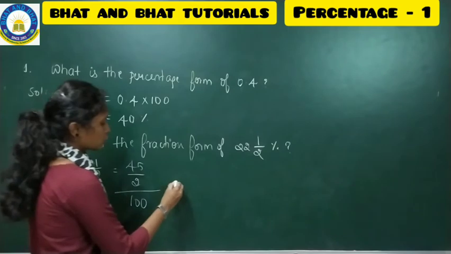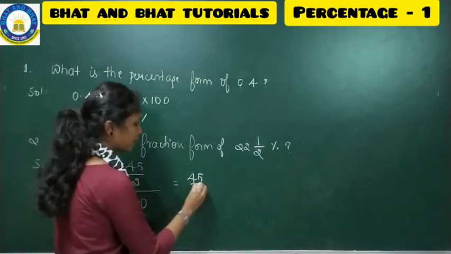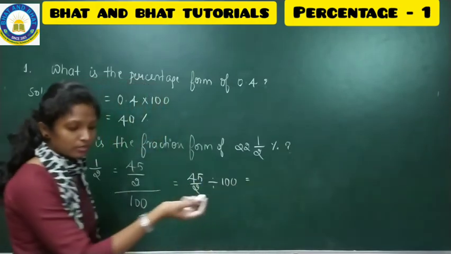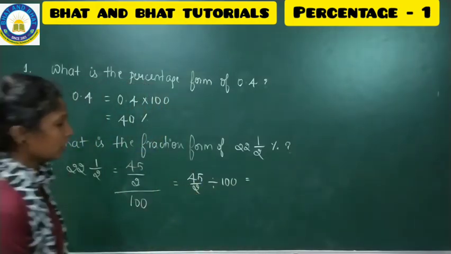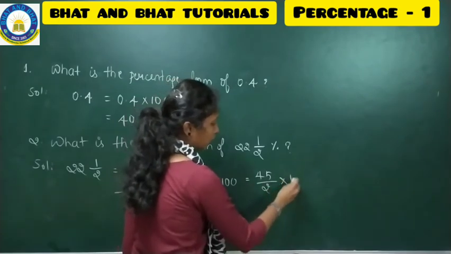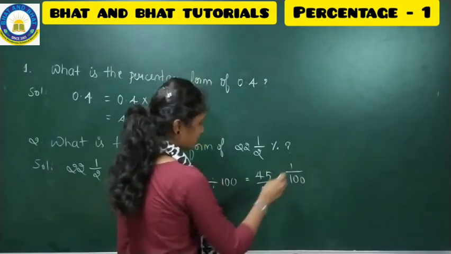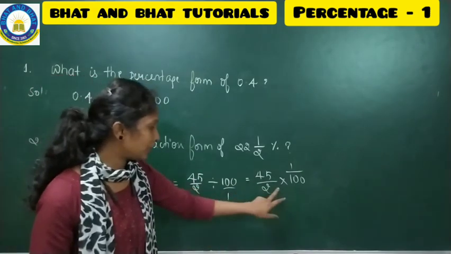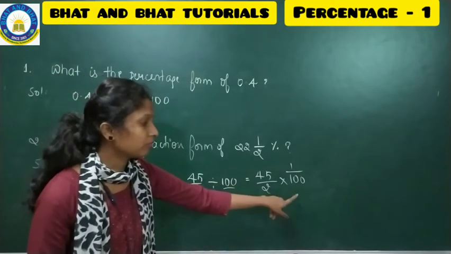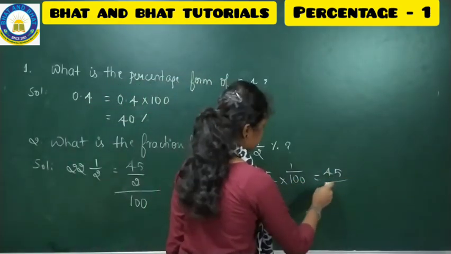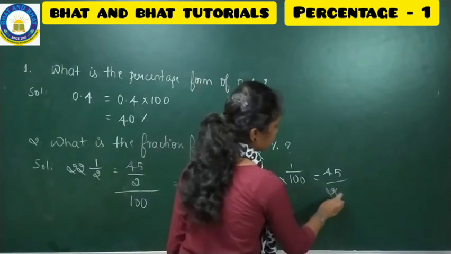So now it becomes 45 by 2 divided by 100. Written in a further simplified form, it becomes 45 by 2 into 1 by 100. When I convert into multiplication, 100 becomes 1 by 100. So 45 ones are 45, 2 into 100 is 200.